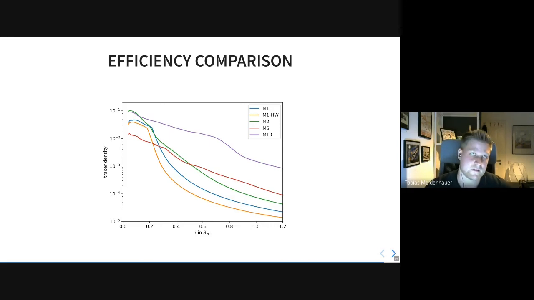And increasing the core mass makes recycling less efficient unless you're at this tipping point where turbulence sets in. At that point, increasing the core mass actually makes recycling more efficient. But then again, if you increase the core mass even further, recycling becomes less efficient. I hope this was clear. So in general, recycling is less efficient with a higher core mass, but there's this tipping point where turbulence starts to occur.